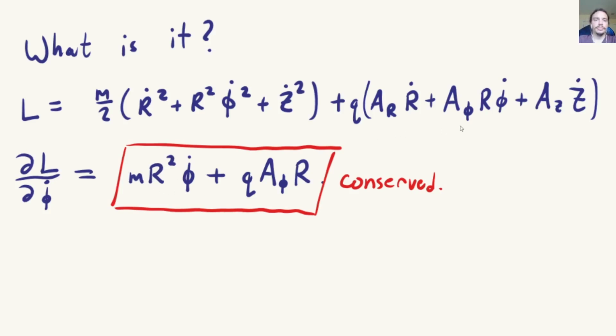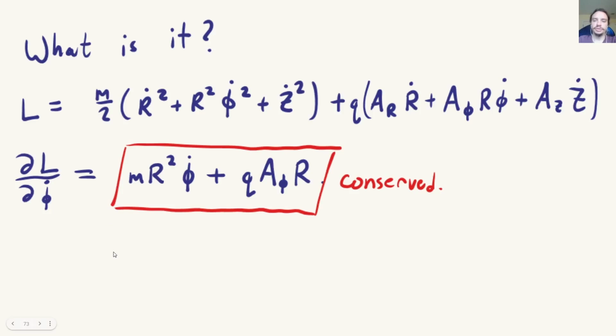The second term is q A_φ rφ̇. In this case, it's linear in φ̇, so the φ̇ just goes away, and we get q A_φ r. This quantity, we know, must be conserved along the particle path, because d by dt of it is 0. So this is our conserved quantity from Noether's theorem.